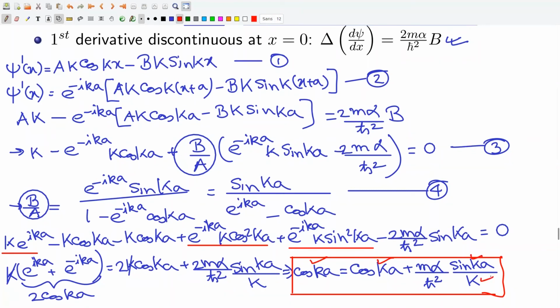Keep in mind that small k is the wave vector of Bloch electrons. The allowed value of small k is given by the periodic boundary condition. On the other hand, capital K is related to the kinetic energy. In the next lecture, I am going to plot this equation and show the existence of gaps in the energy spectra of electrons in a periodic potential.